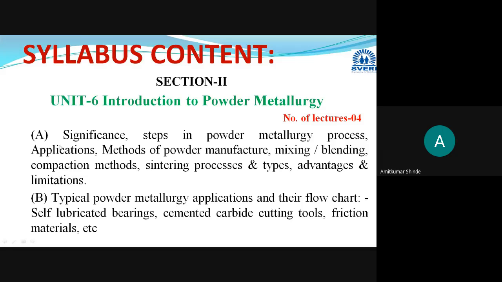The second question will be from part A. Here they will either ask which methods are used for powder production, or the stages in manufacturing a component using this technique. Some questions will be related to the advantages, limitations, and applications of the powder metallurgy process. So two questions will be there, approximately 13 to 14 marks.